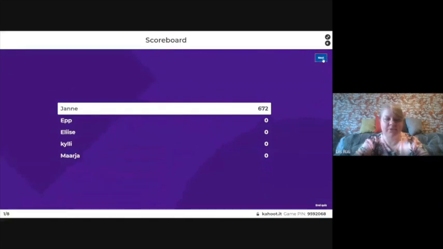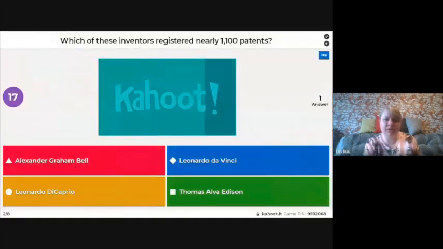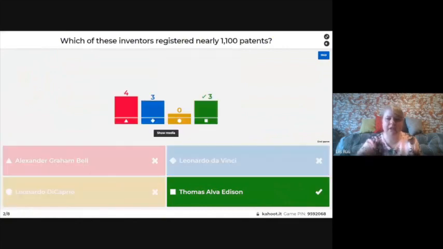And now the next question. Which of these inventors registered nearly 1,100 patents? Was it Graham Bell, Leonardo da Vinci, Leonardo DiCaprio, or Thomas Alva Edison? It was Edison, yeah. Graham Bell was also an inventor, but he had fewer patents.